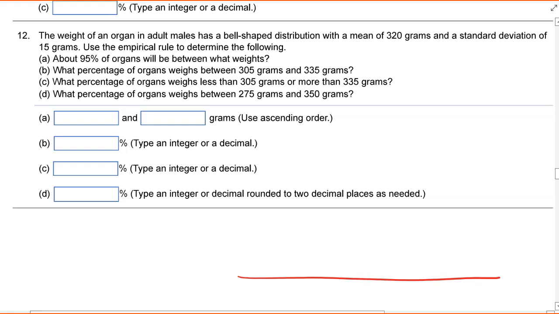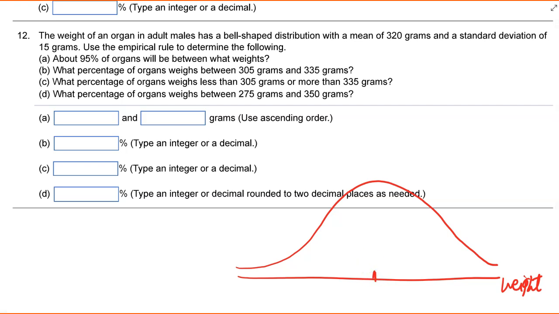This is all the weight here. All the weight is going to be on this line, and the distribution is bell-shaped. You make a bell-shaped curve, and that's the mean, which is 320.